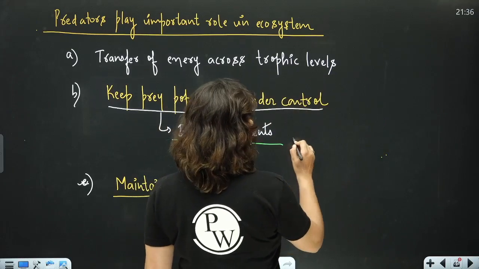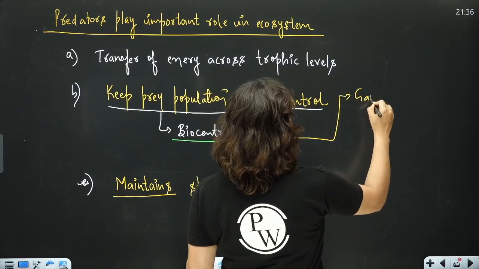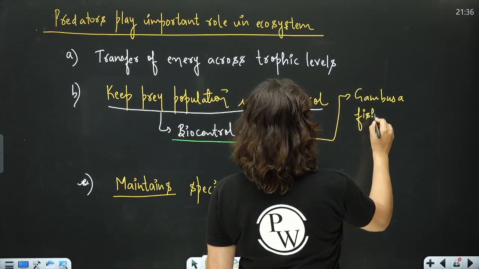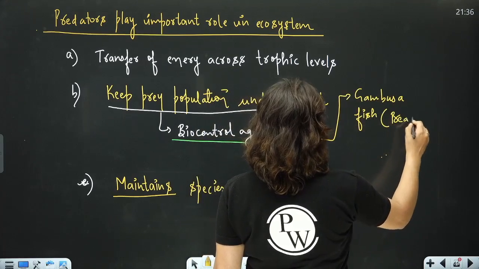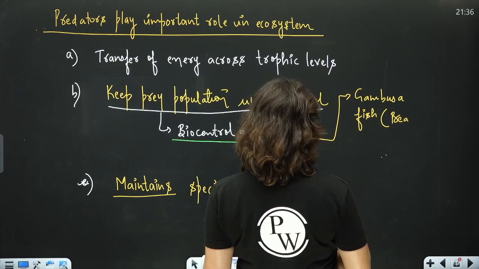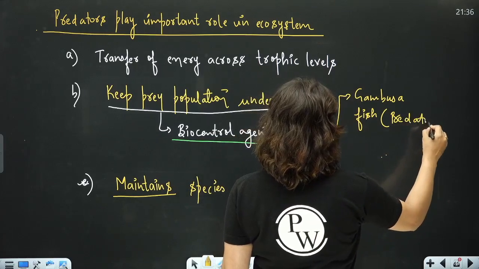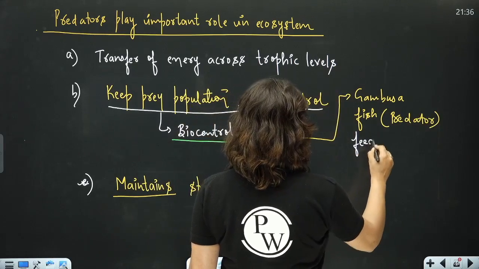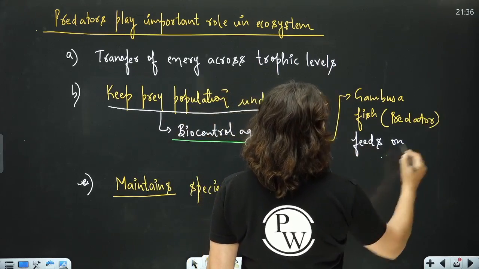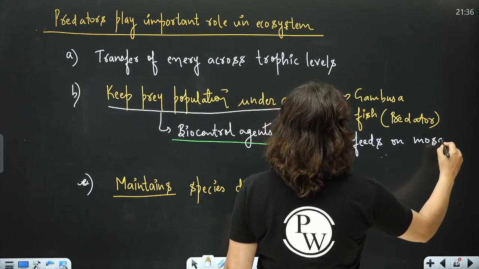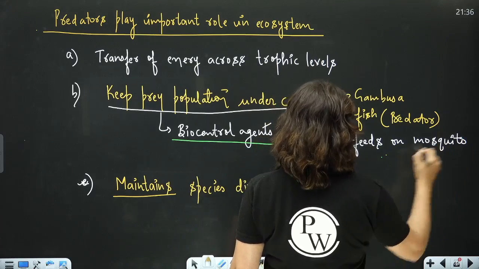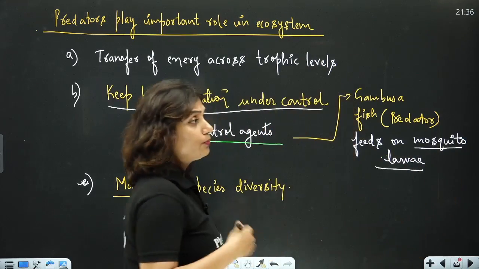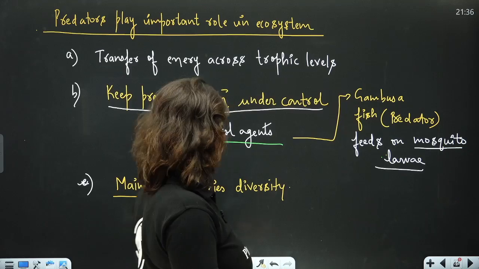Biocontrol agents like the Gambusia fish. Gambusia fish is a natural predator which feeds on mosquito larvae. So they are biocontrol agents. They control the prey population, right?